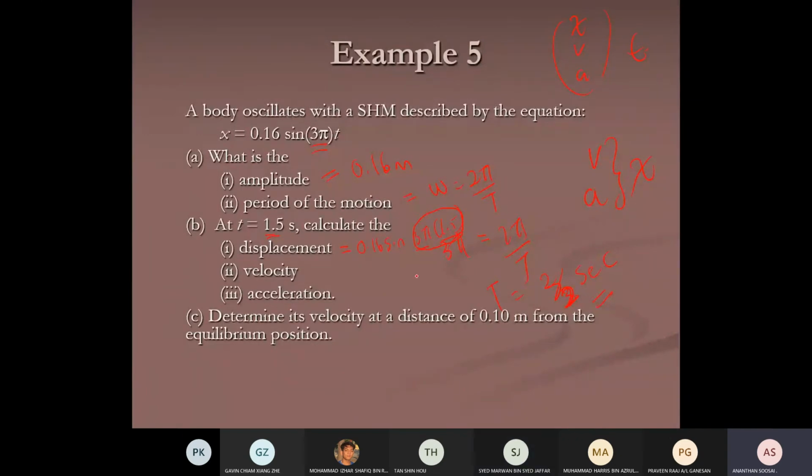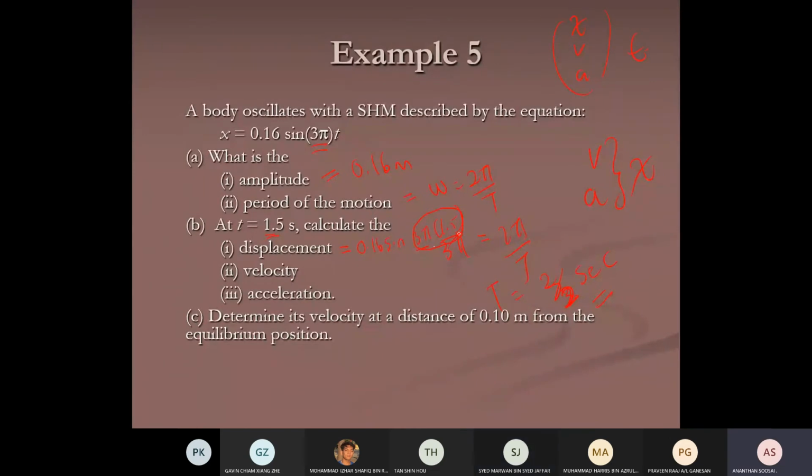So be careful, when you use the calculator, the sine of this 4.5 pi, you must use radian mode in your calculator. Or if you don't want to change to radian mode, then the 3 pi times 1.5, which is in radian, you change to degrees first. Then you use the degree mode. So all up to you.